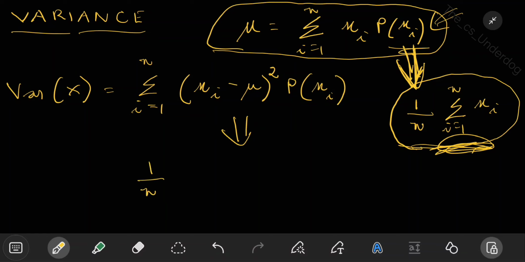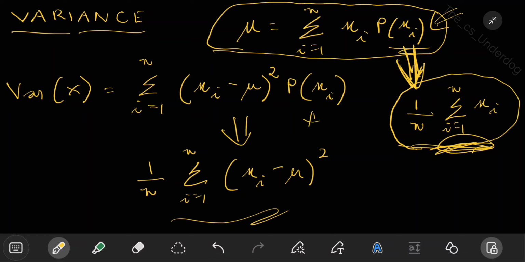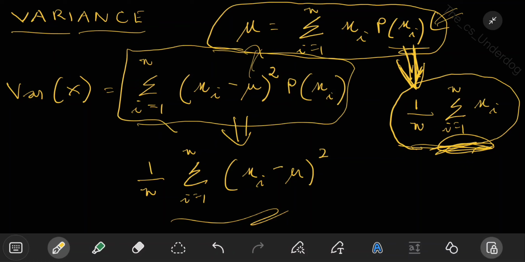It will get boiled down to 1 by n sigma i equal to 1 to n, and again you will do xi minus mu the whole square. You don't have to take this probability because all the probabilities are the same. And remember, in this case, your mu is this, and if all are equally likely, here your mu is this, okay? Right.